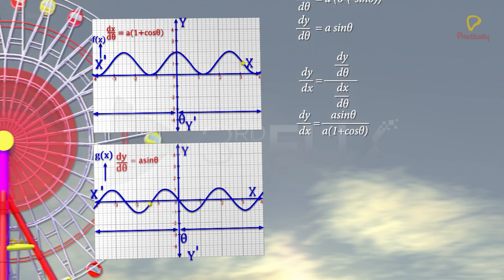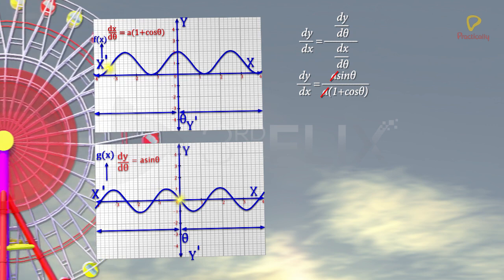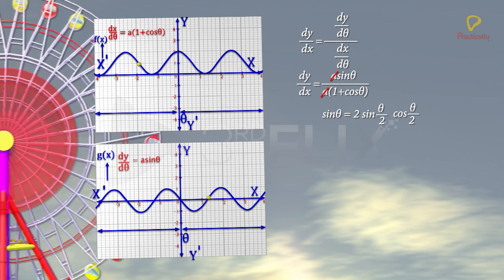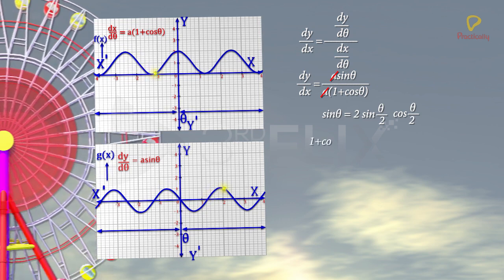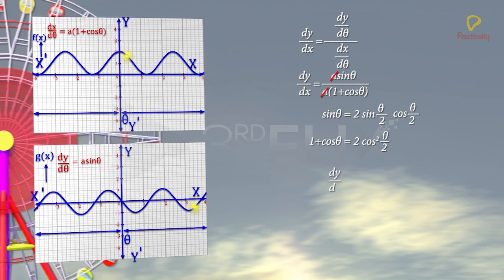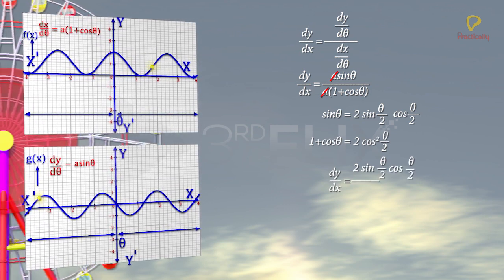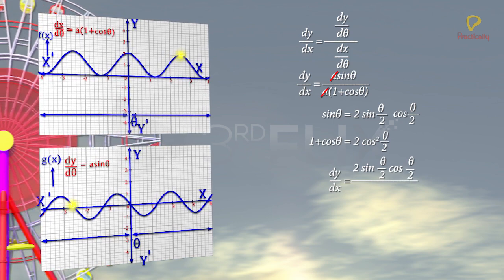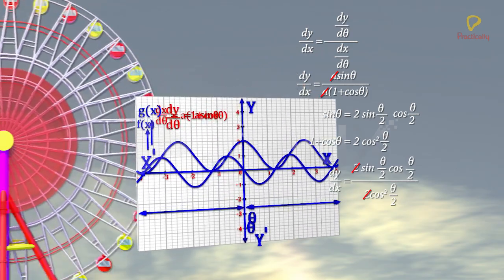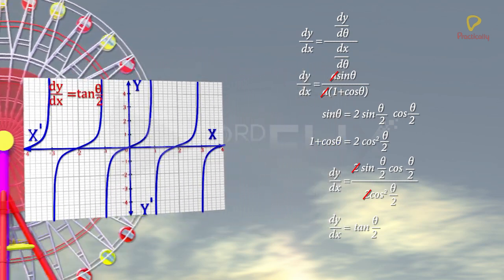For further simplification, cancel a from numerator and denominator and write sine theta is equal to 2 times sine theta by 2 multiplied by cos theta by 2, and 1 plus cos theta is equal to 2 times cos square theta by 2. Then we have dy by dx is equal to 2 times sine theta by 2 multiplied by cos theta by 2 divided by 2 times cos square theta by 2. By cancelling 2 and cos theta by 2, we get dy by dx is equal to tan theta by 2.